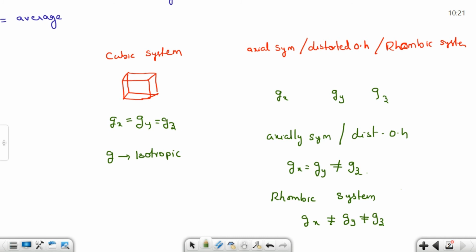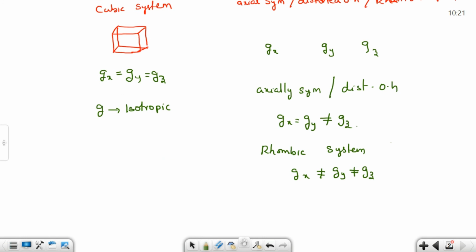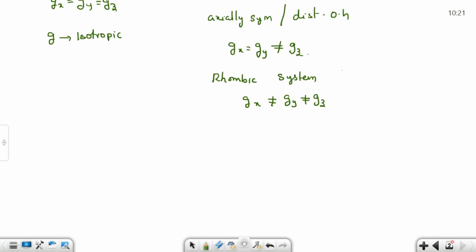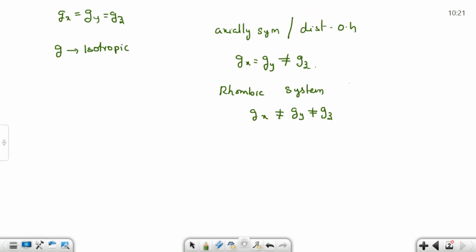So to calculate the G value in an anisotropic molecule, you can observe that the G value is not equal in all directions. This is called the anisotropic nature of G. Because in the cubic system the G value is equal in all directions, but in axially symmetrical, distorted octahedral, or rhombic systems, the G value is not equal in all directions.